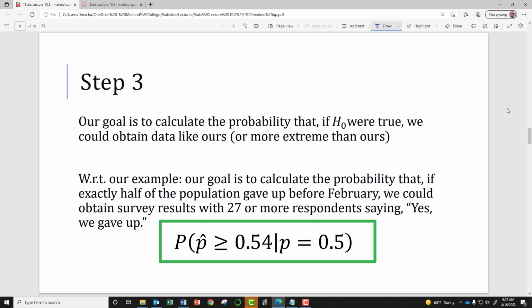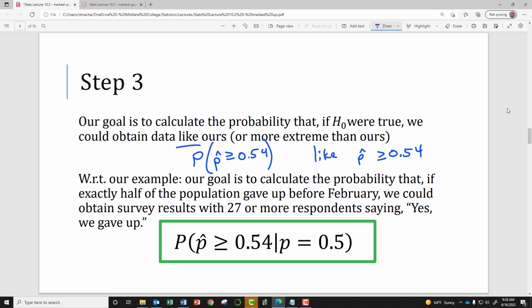Or just as well, data that was more extreme than ours, like a sample proportion greater than 0.54, right? Like ours would be p hat equals 0.54, or more extreme than ours would be p hat greater than 0.54. So what is the probability that p hat is greater than or equal to 0.54? That's essentially the question that we're asking.